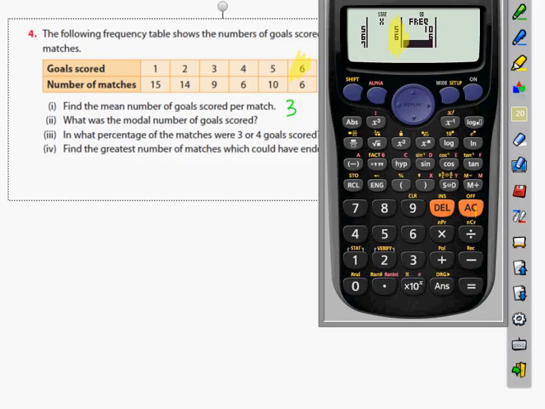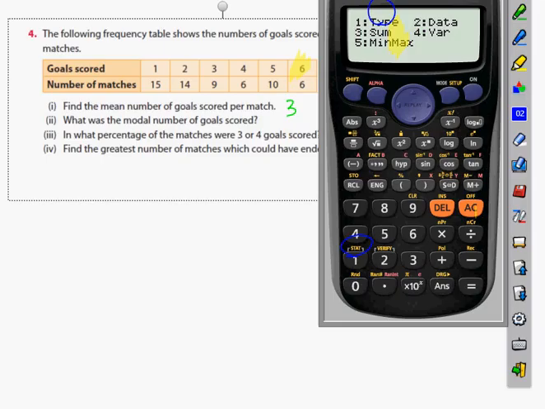Press AC. Just press this button here. Now, see this yellow Stat button? We're in stat mode, as you can see up here. To use stat functions, stat is written in yellow writing, so press Shift, then Stat, and you have a menu screen.